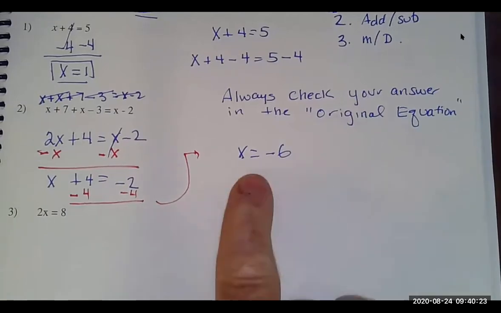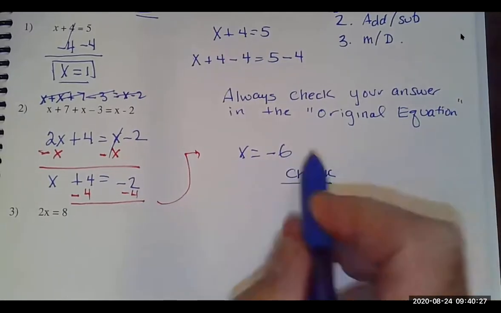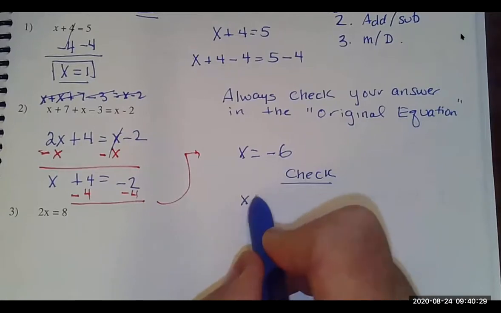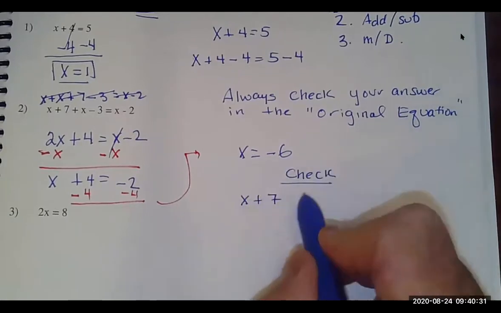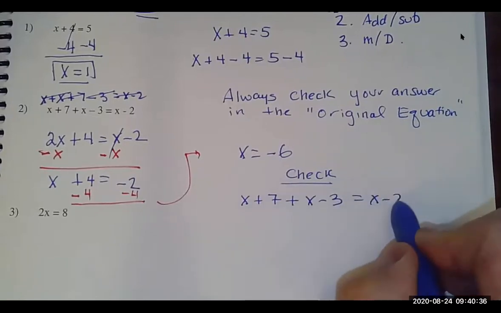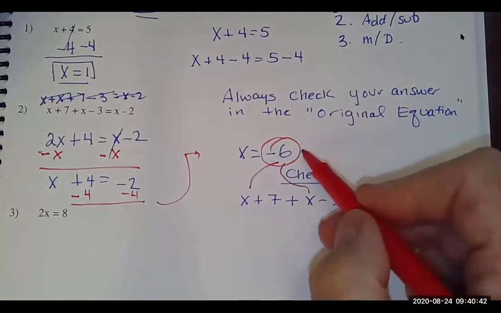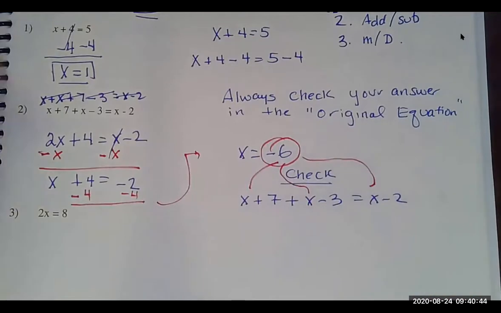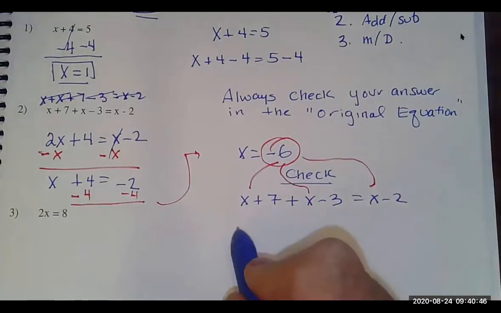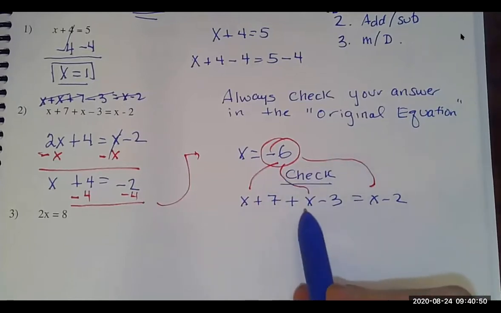Now to see if this really works, here's your check. You're going to check it in the original. So I'm taking this right here and putting it in everywhere I see an x. So I'm going to put parentheses because the negative is going to get mixed up, especially maybe in here.